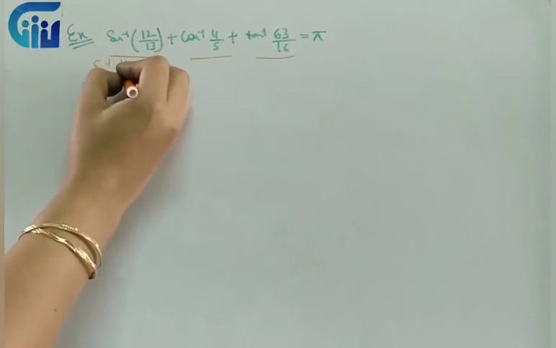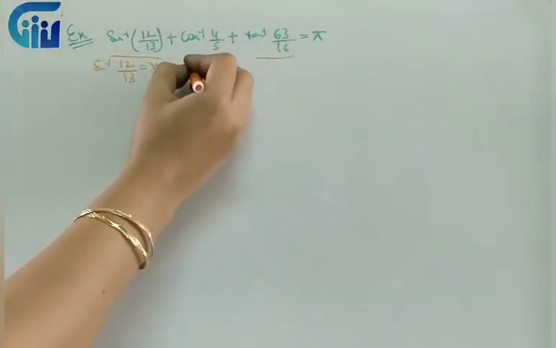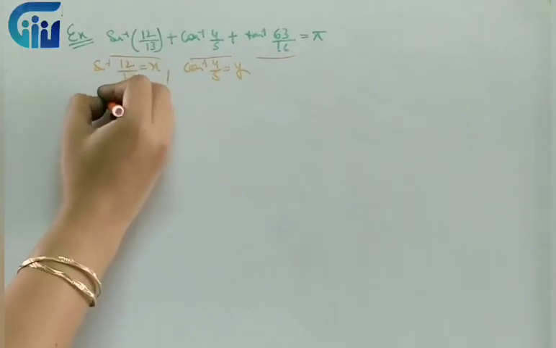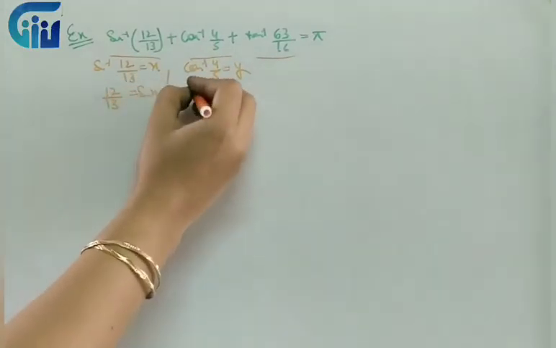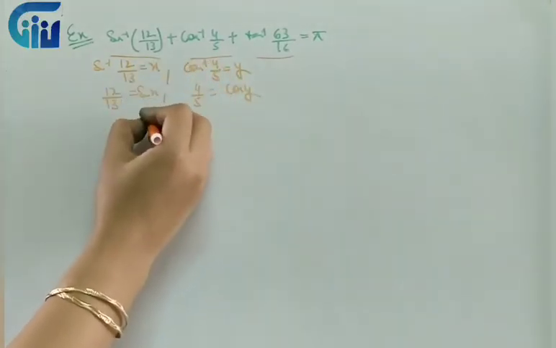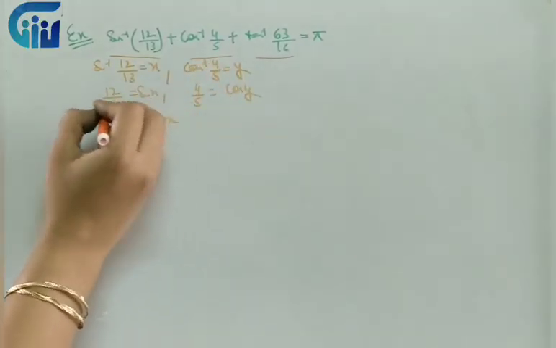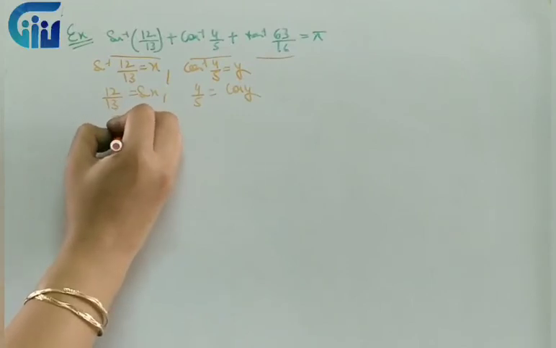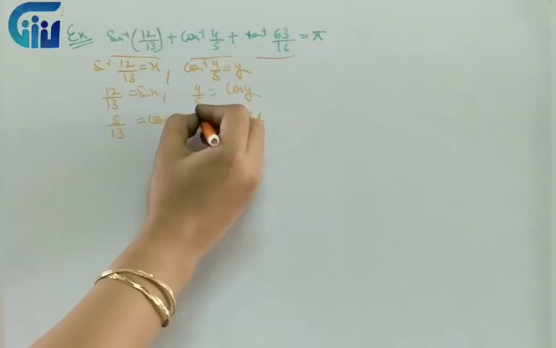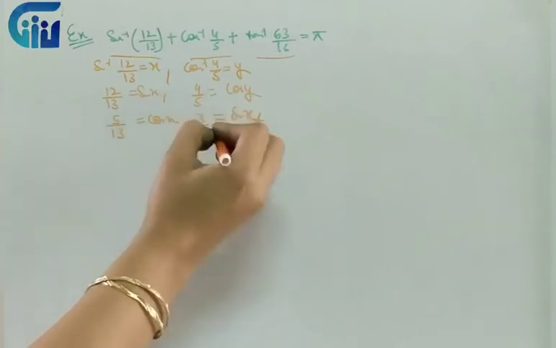So sin inverse 12 by 13 I'll write as x, cos inverse 4 by 5 I'll write as y. So 12 by 13 is equal to sin x, 4 by 5 is equal to cos y. So over here cos x will be 5 by 13 and sin y will be 3 by 5.